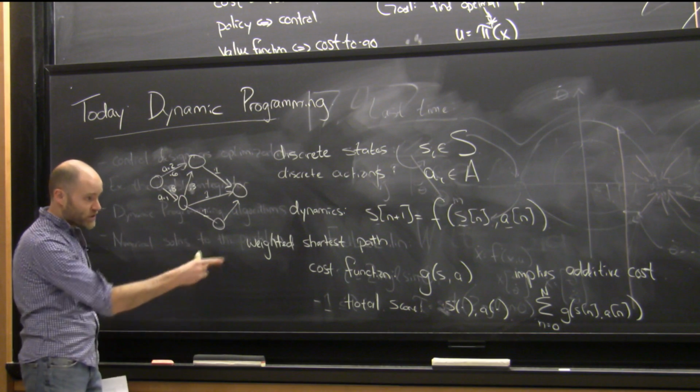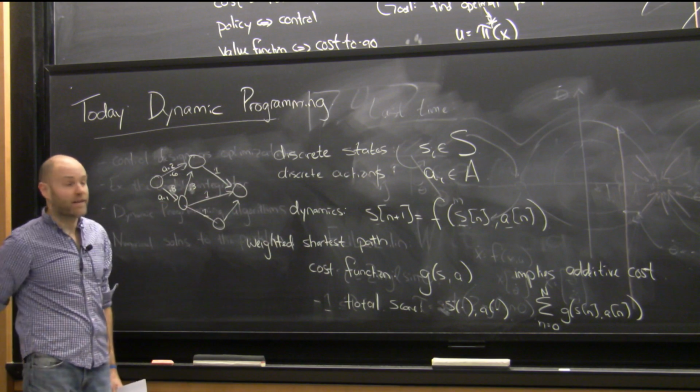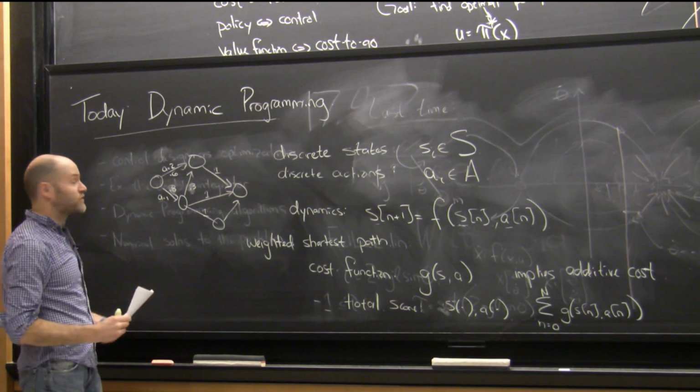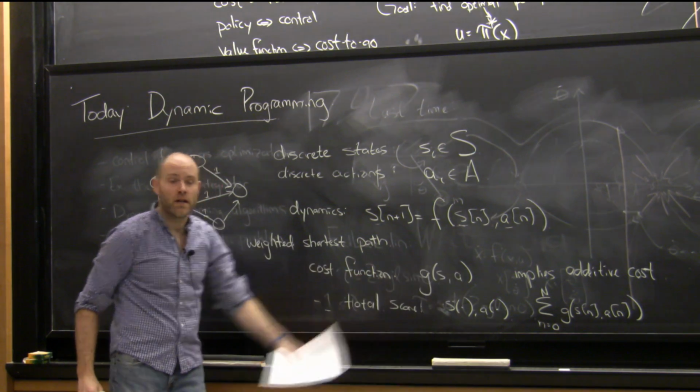So certainly I can go this way. If I've labeled the edges here, I can add them up to find the total path. But this is a restriction on the type of scores you can give me. I'm saying it has to fit this additive cost formulation. Okay?